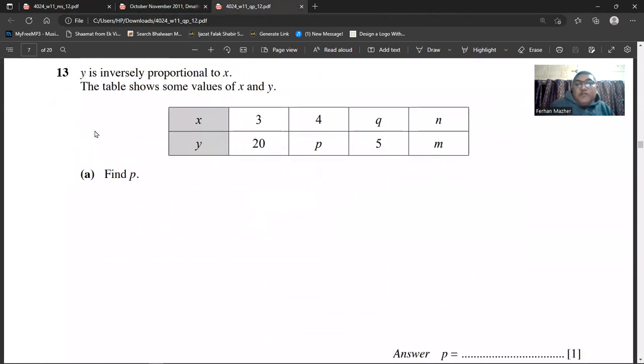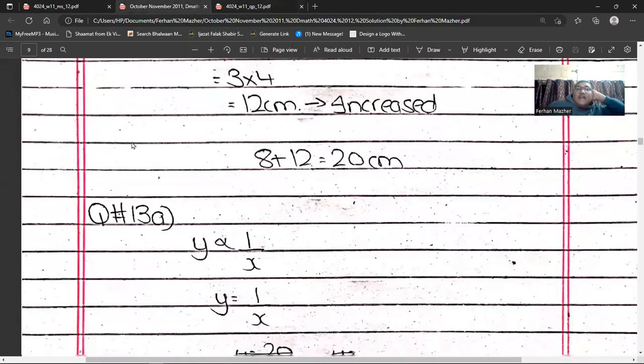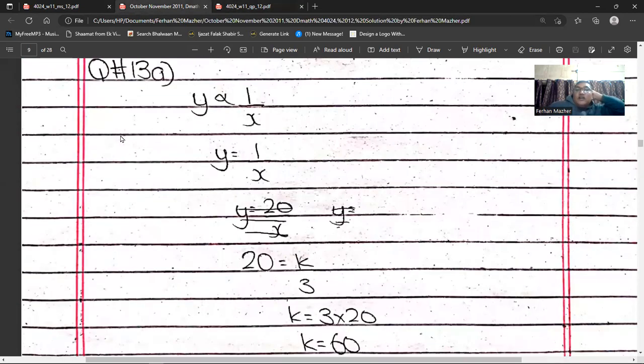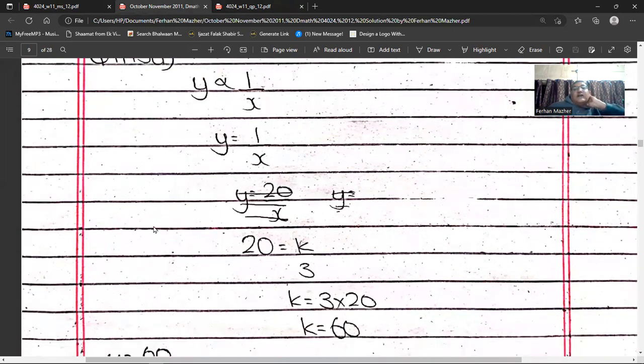Y is inversely proportional to X. The table shows some values of X and Y. Find the value of the P. Okay, so I will use this X value, this Y value, and I will try to find out the value of the K. So Y is inversely proportional to X. So Y is proportional to 1 by X, and Y is equals to K by X. So the value of the K will be, Y is 20, the X is 3, so the K will be 3 into 20, and that will be 60.